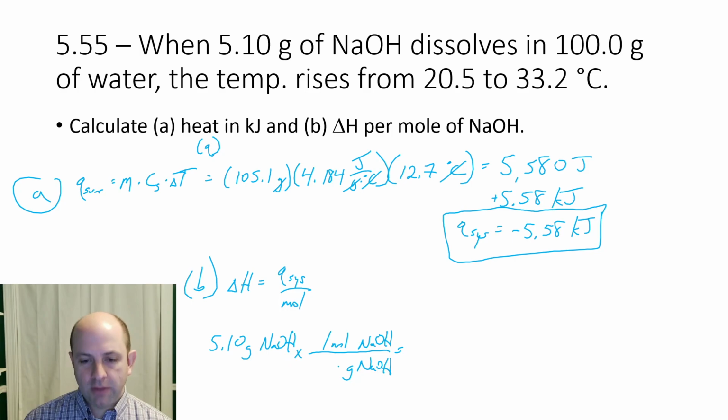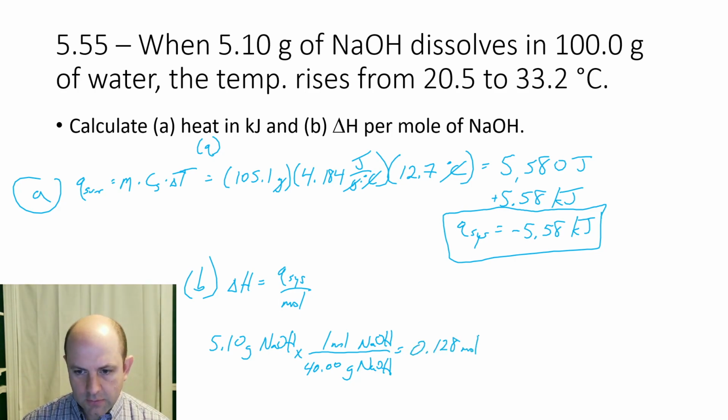We add up the molar mass conveniently with 2 decimal places. It's 40.00. Very handy number to become familiar with. So 5.10 divided by 40, 3 sig figs, we have 0.128 moles of sodium hydroxide.